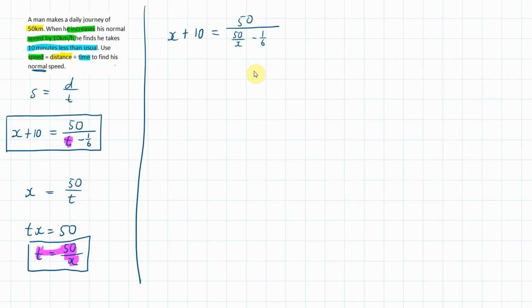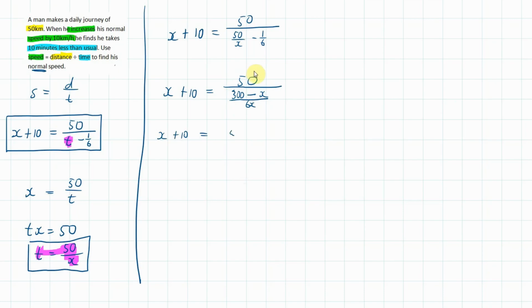I'm going to keep my left hand side the same, and work on this bottom layer here, making those fractions have the same denominator. So I'm going to cross multiply: 50 times 6 is 300, minus 1 times x is x, and the new denominator will be 6x. Now, remembering our fraction rules, we've got this whole number divided by a fraction.